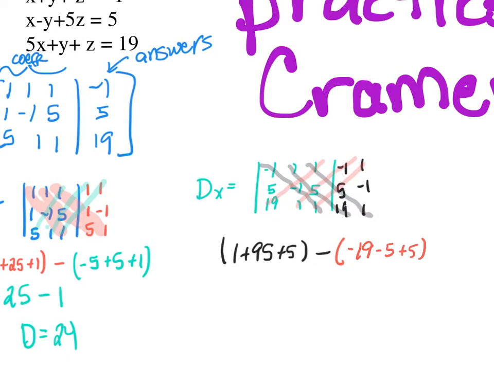So I have 1 plus 95, 96, plus 5 is 101, minus negative 19. So that obviously, guys, becomes a plus. So my D sub x determinant is 101 plus 19, which is 120.